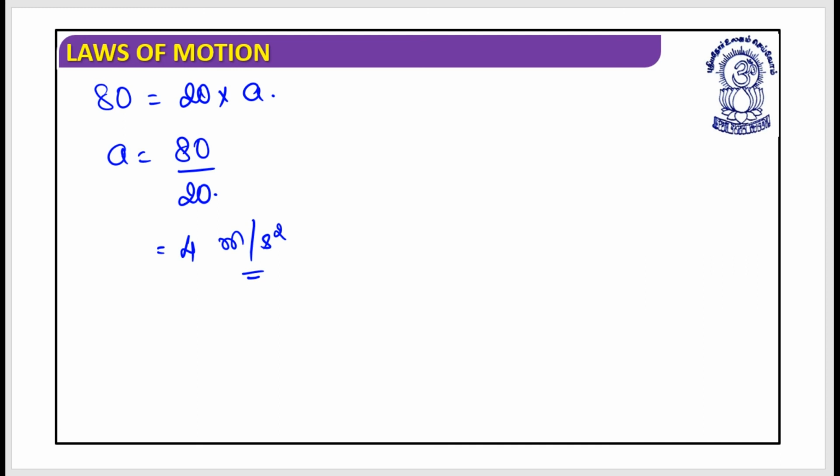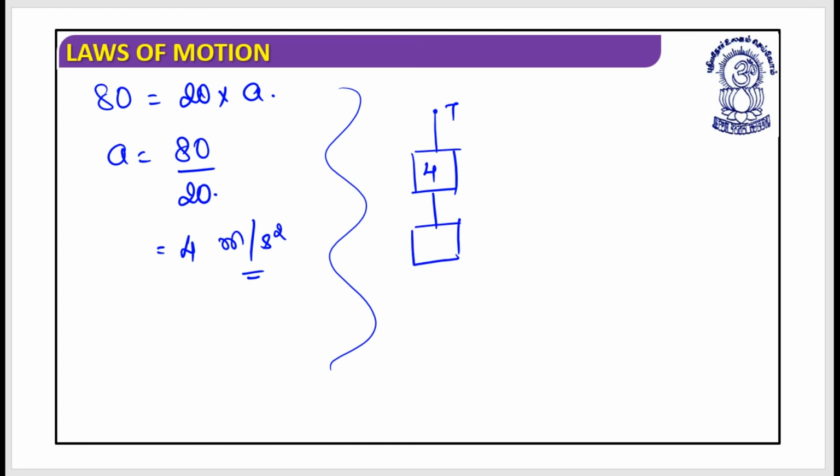Now what I need to find out is the tension at point T. Let's suppose this was the point at which I required the tension. This was 4 kg, this was 12 kg, and this system is moving in the upward direction. So I write T minus mg equals m into a. So T minus 16 into g equals 16 into a, and the acceleration was 4.